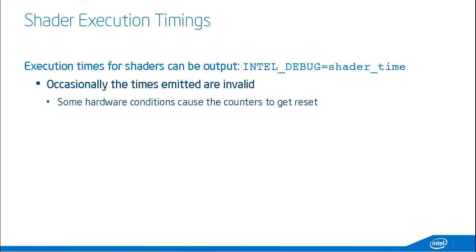So another control that we have is called shader time, where it's going to actually do the old read timestamp counter trick in the shaders and collect up all that data, and as the application is live running, dump out data about which shaders are taking what amounts of time.